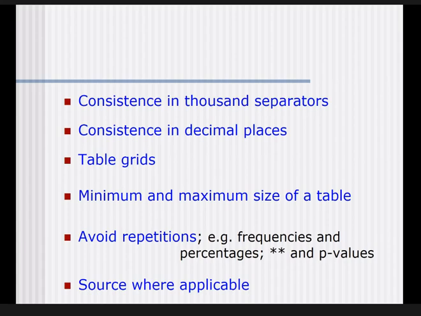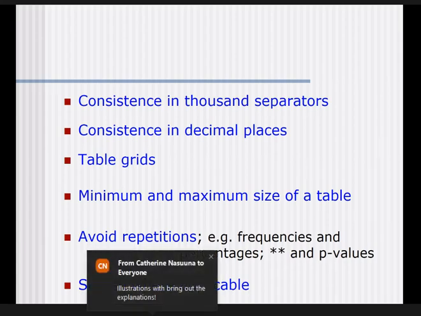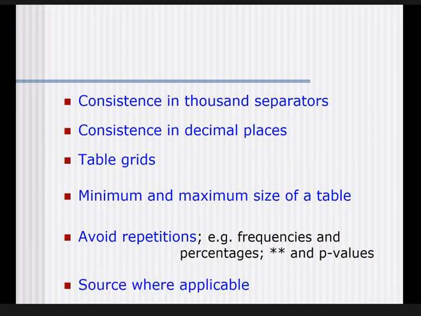Then there is a table where you are trying to show the level of significance. We normally use asterisks. One asterisk stands for 10%. Two asterisks stand for 5% level of significance, and three asterisks stand for 1% level of significance.